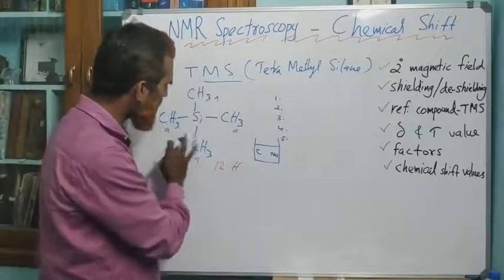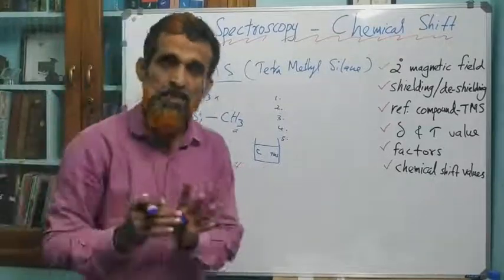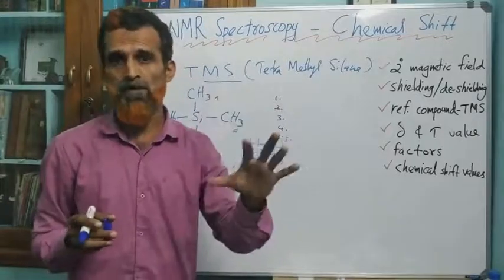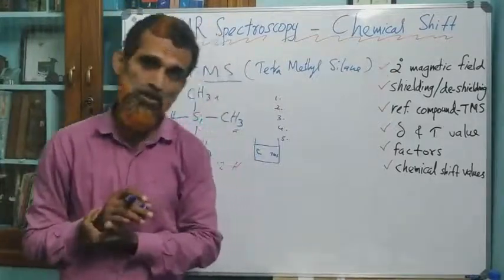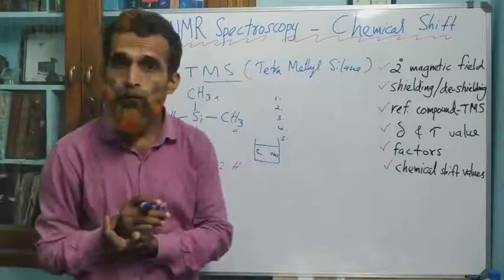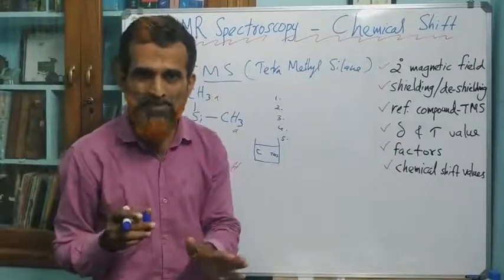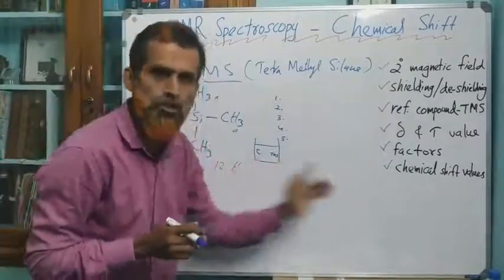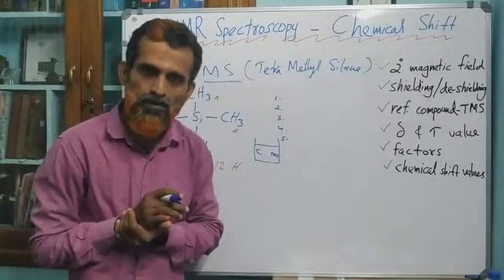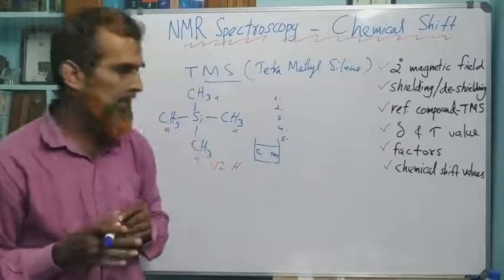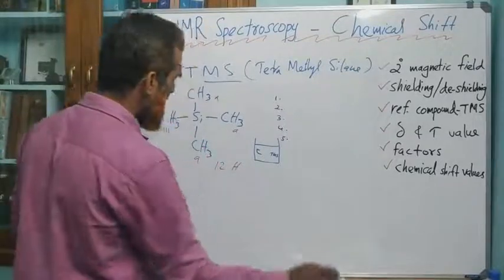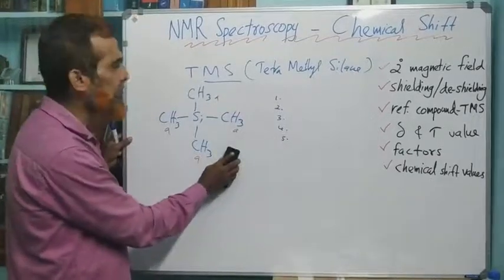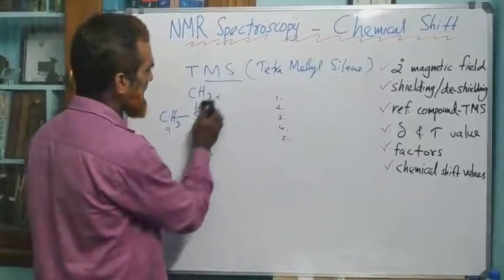So these protons are highly shielded, and all other organic protons present in various organic molecules in various functional groups will absorb at a frequency which is higher than TMS. So it's convenient to draw the spectrum and the scaling will be quite convenient. Due to these reasons, TMS is used as a very good reference compound or as a secondary standard.